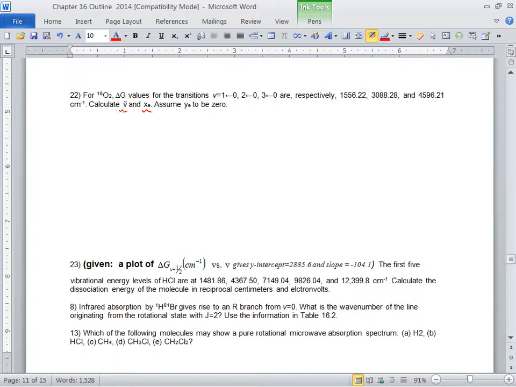Okay. How many things do they want you to calculate? 2. There's 2 unknowns. So you better work really hard at getting how many equations? 3. Well, you can work really, really hard and get 3 equations, but you need 2 equations. You have 2 unknowns, you have to have 2 equations.